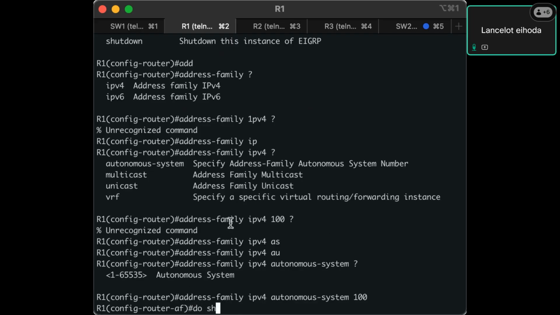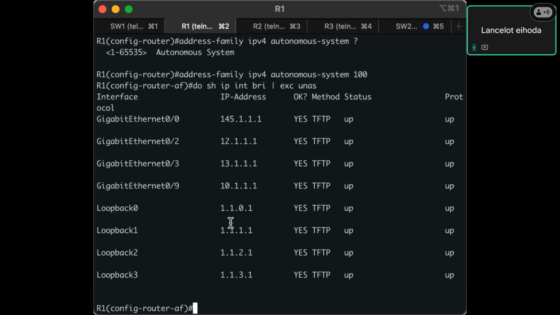So let's do a show IP interface brief, piped to exclude unassigned, so that it's easier for us to see the IP addresses. Now, at the last class, I said that other than BGP, on most IGPs, when you use the network command you are not telling it to advertise a network. You're actually telling it which interfaces participate in that network.